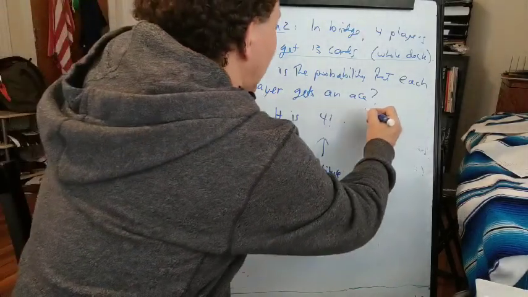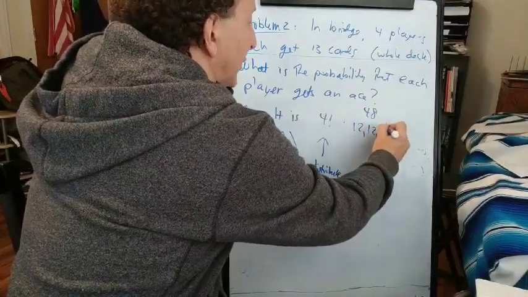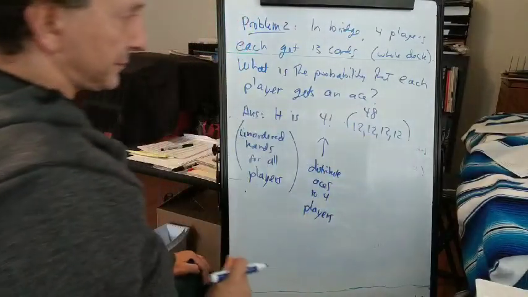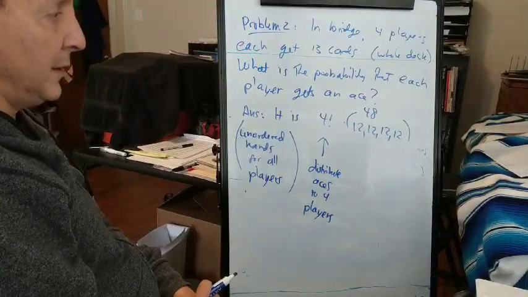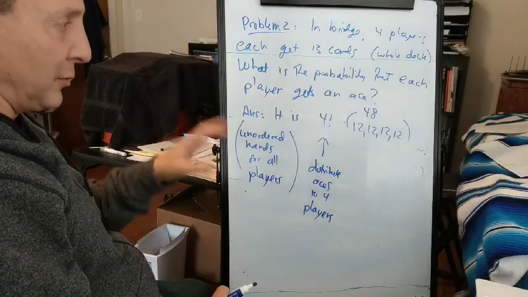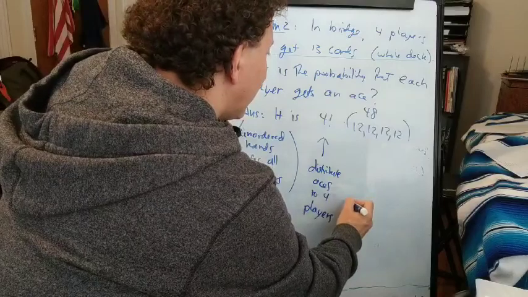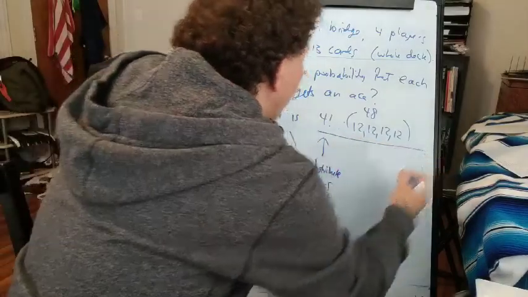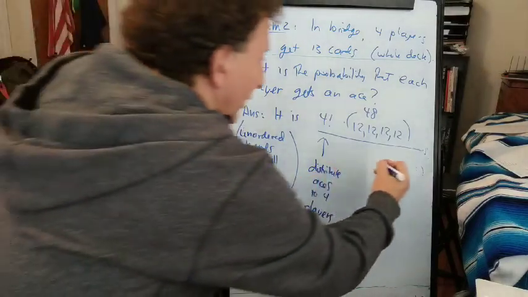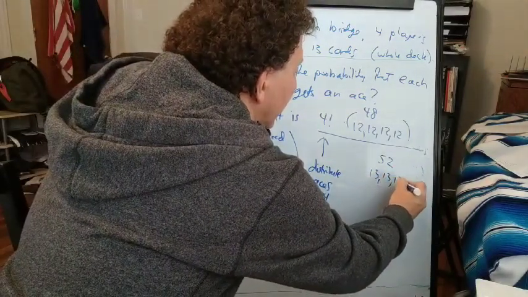So I'm going to take the 48 and give 12 to one player, 12 to another player, 12 to a third player, 12 to the fourth player. So once I do that, that's all the possible bridge deals where everybody gets 1 ace. I want that over the total number of bridge deals, which is 52 choose 13, 13, 13, 13.